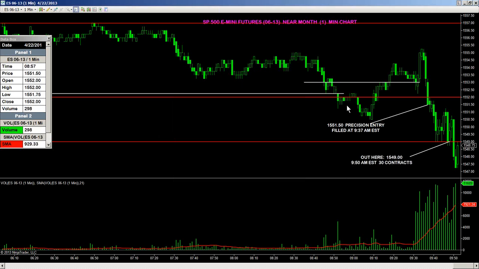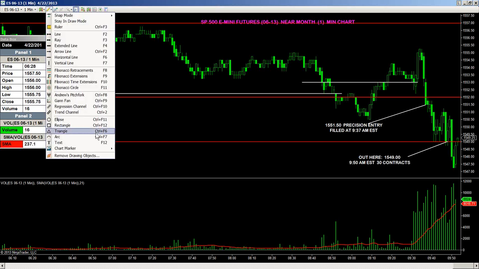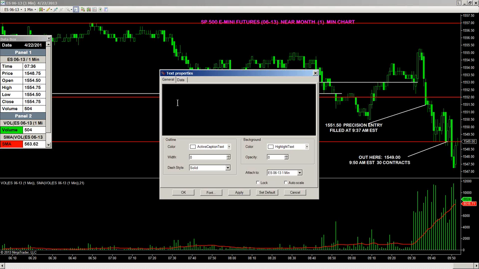We'll have a larger roll-up of this trade tonight, the elongated numbers.